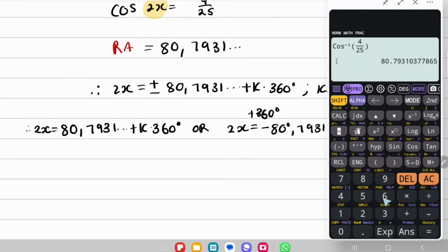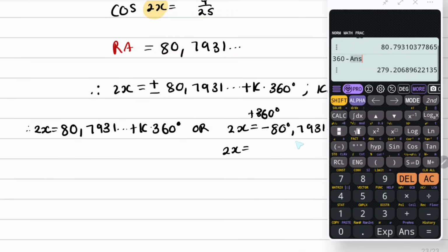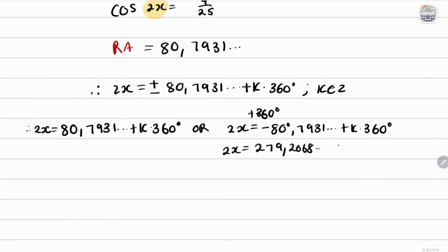On your calculator, you'd press AC, then say 360 degrees minus your answer, which gives you that, as you can see. So our other solution is 2x equal to 279.2068, and that keeps going, okay? So you will see that you get the exact same solution if you use the other method.